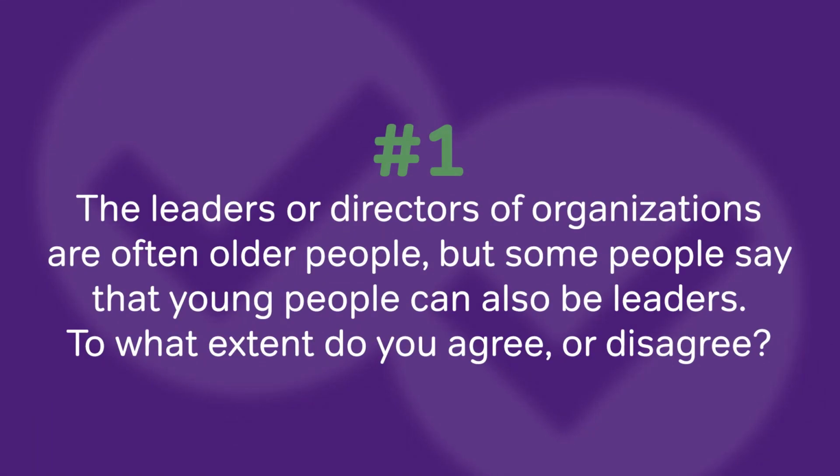Okay, so question number one. Here it is. The leaders or directors of organizations are often older people, but some people say that young people can also be leaders. To what extent do you agree or disagree? All right, now, as we mentioned a moment ago, with all of these questions you're likely to see, it is in theory possible to take either side of this question and write a perfectly good Task 2 response.